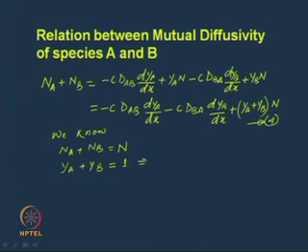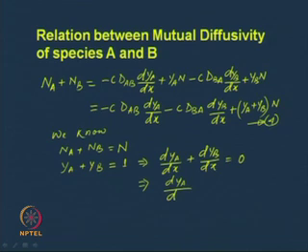So, if we differentiate, d Y A by d x plus d Y B by d x is equal to 0, which leads to d Y A by d x being equal to minus d Y B by d x.